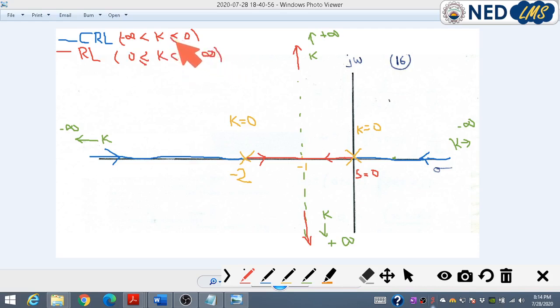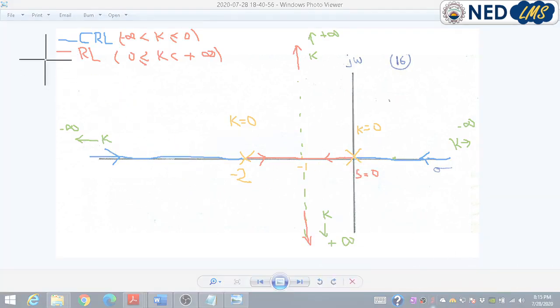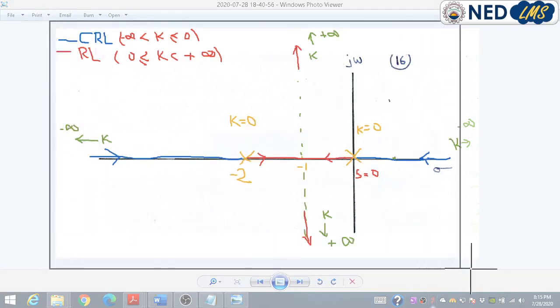So when these two branches are moving along the real axis from k0, they should meet at some point where the value of k is maximum, with respect to the existing values of k along this particular portion, and then these two branches depart for their positive end. So we have to find out the maximum value of k on this particular portion. I have to save this figure again for next use.